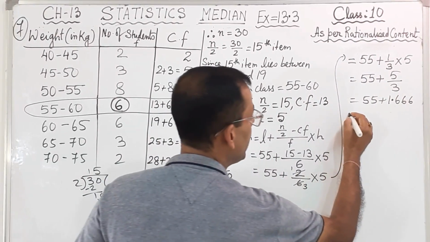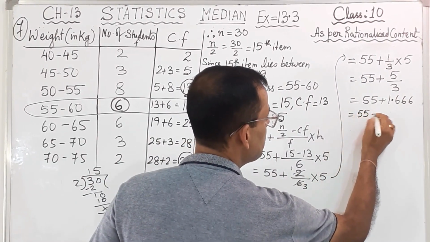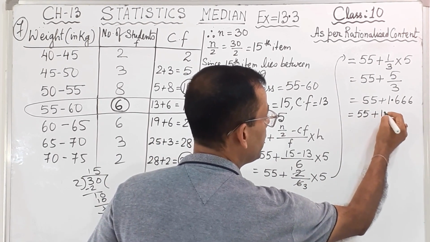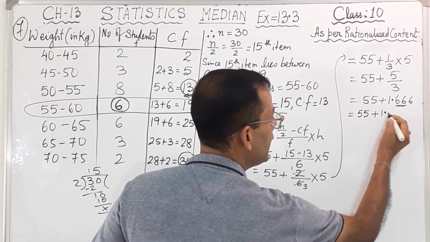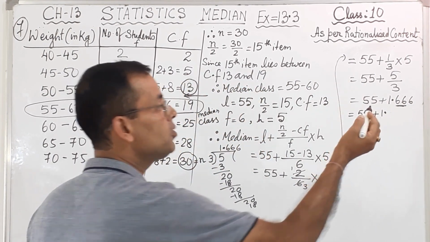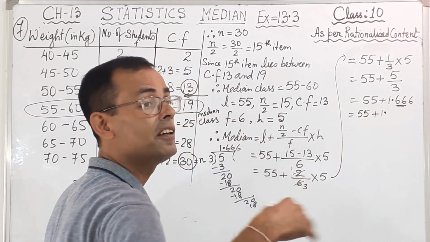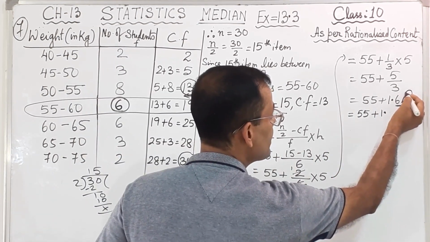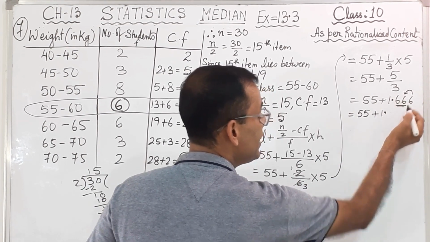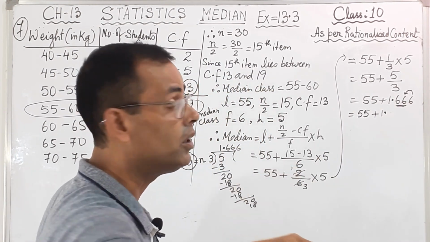Now 55 plus 1 point. Now after the decimal, I want to take only 2 digits. Then the third digit is 6, and 6 is 5 and above. If 5 and above, then the second digit, which is written 6, with this 6, 1 will be added.